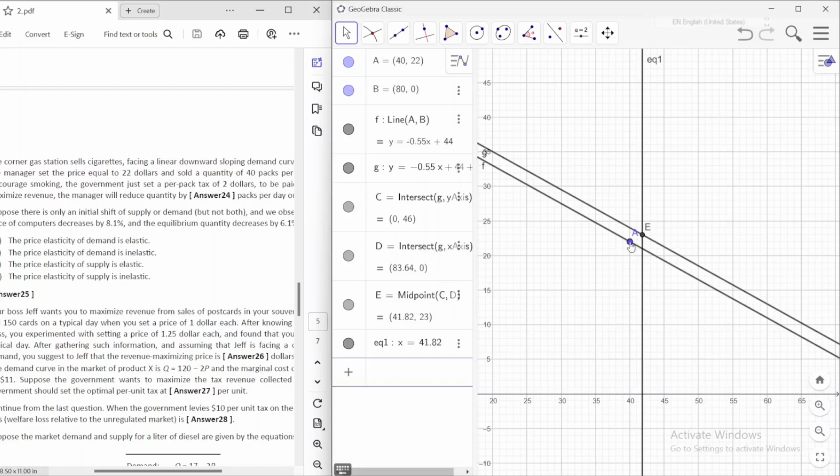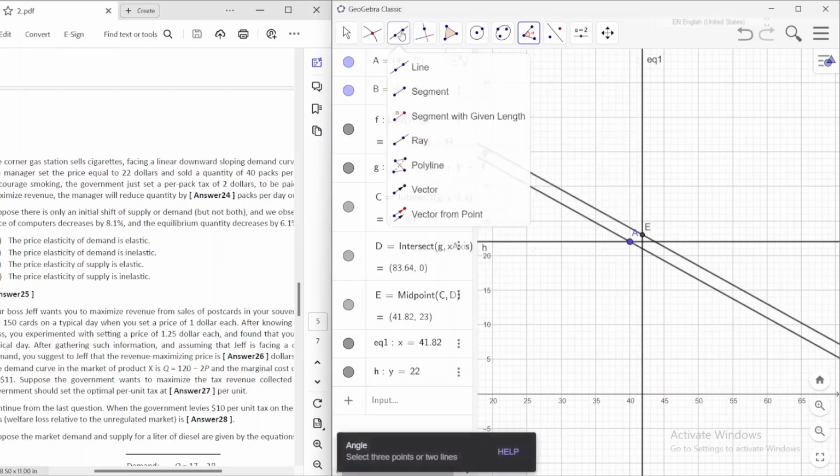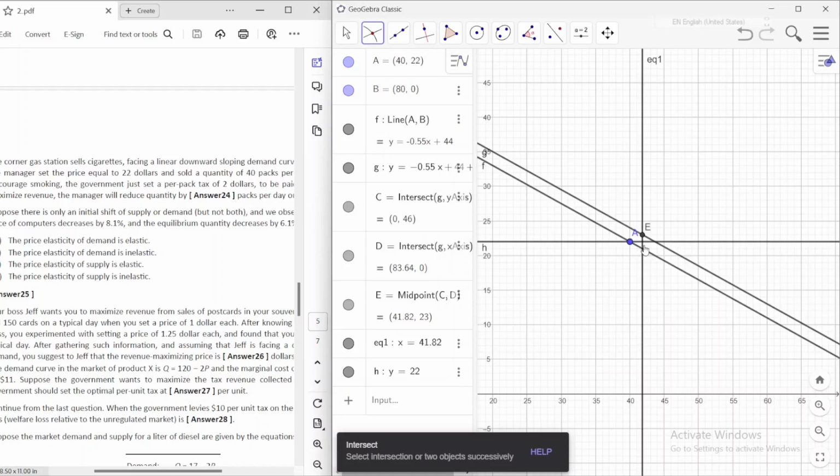Okay. Initially, your quantity was here. Now your quantity is here. So you should decrease the quantity by, okay, let's draw the line y equals the y coordinate of A. So the length of this portion, let me find out the coordinate.